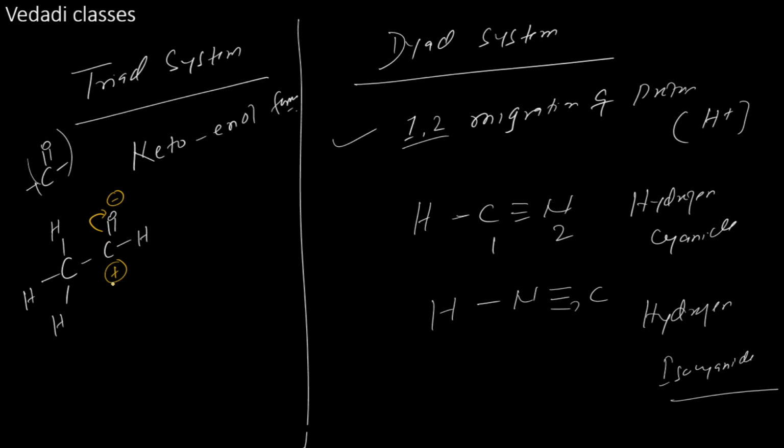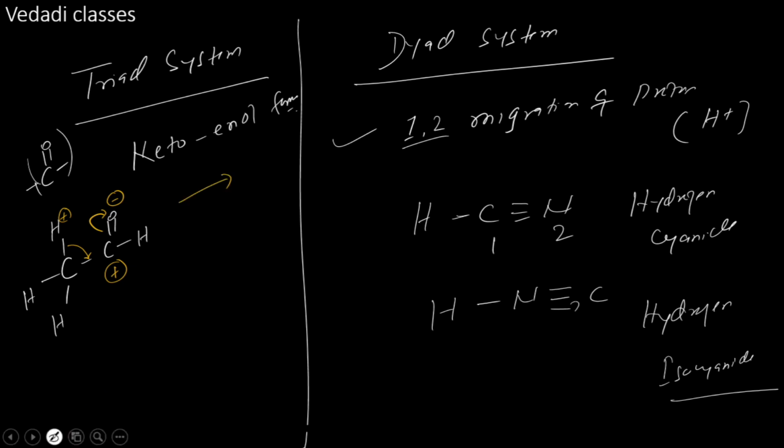The positive charge will develop over here. To compensate the deficiency of electron, this bond breaks and forms a double bond over here, and this hydrogen becomes plus charge. This is the first atom, second and third atom. So H plus will transfer from first to third. So 1,3 migration takes place.